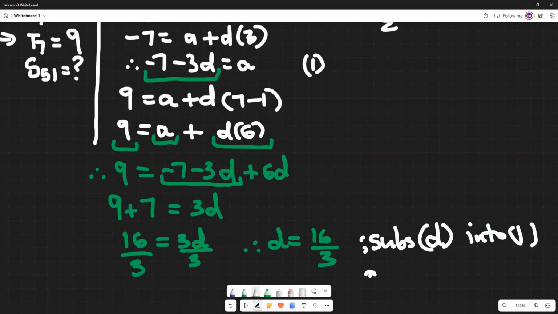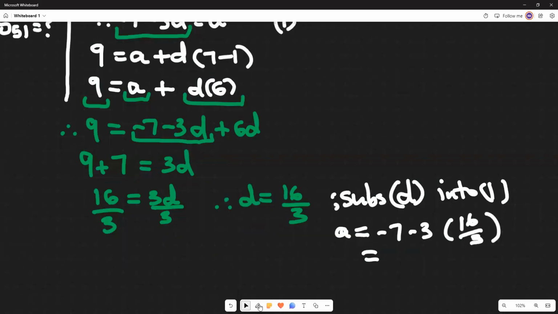So I'm going to have A equals -7 minus 3 times my D, which is 16 over 3. This gives us -7 minus 16, which gives us negative 23.